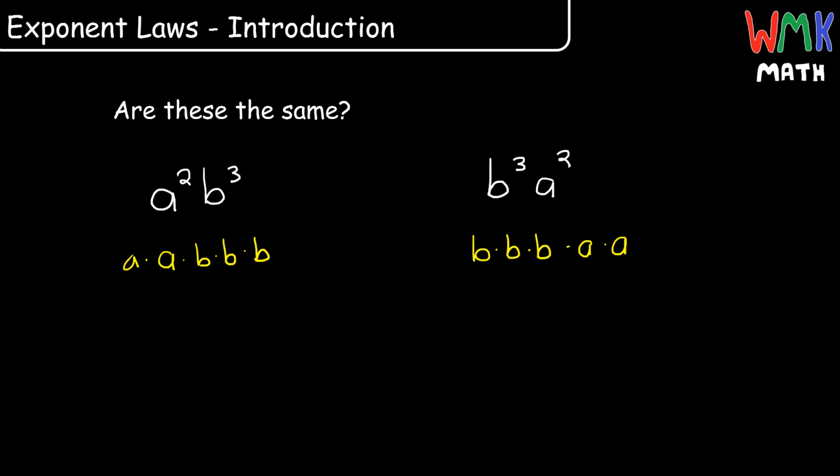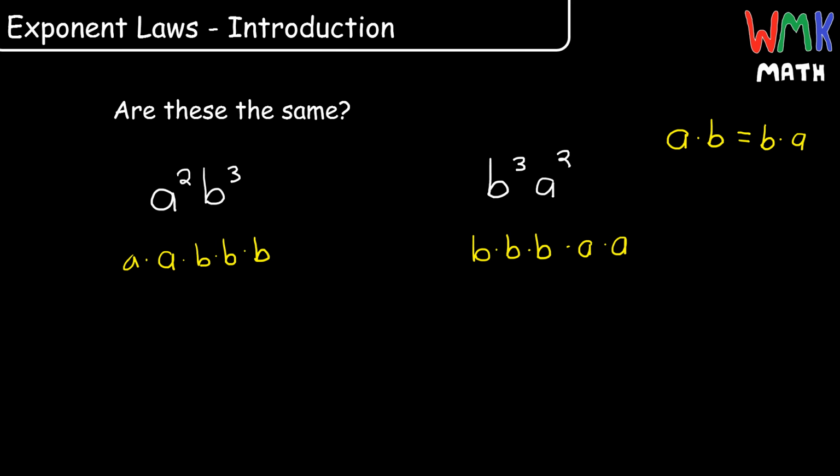It's multiplication. And in multiplication, we have something called the commutative property. If we have a times b, that is equal to b times a. In other words, we can flip whatever is multiplied by one another, and they'll still be exactly the same.